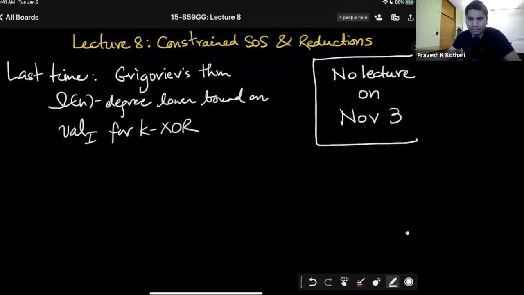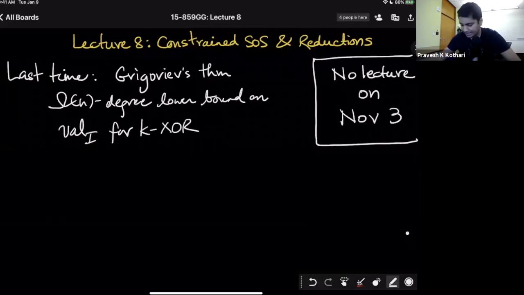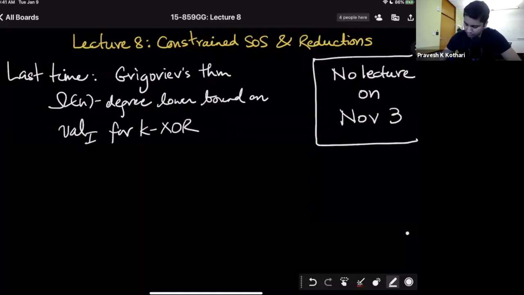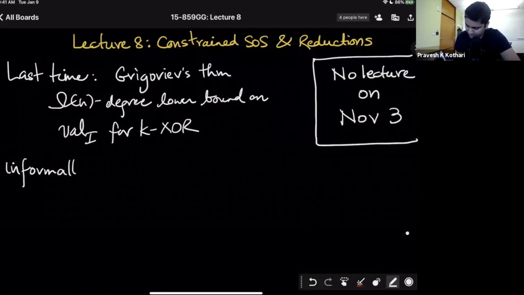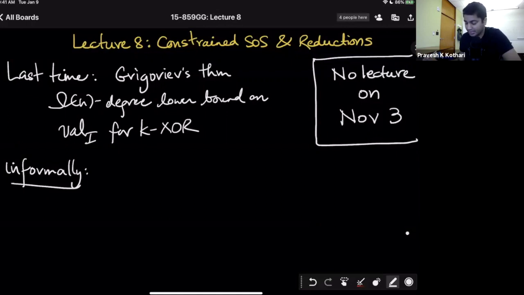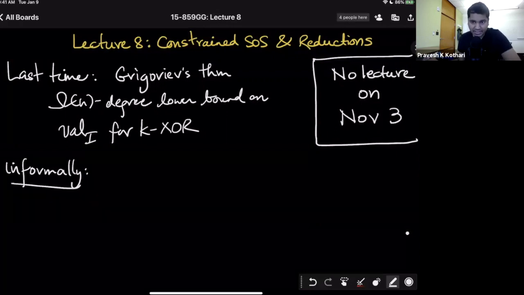which we informally think of as saying that if sum of squares wanted to realize that this instance we constructed cannot be satisfied, then in fact it requires degree bigger than c times n for some constant c.